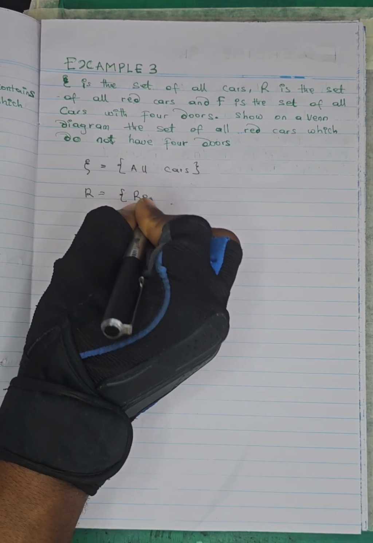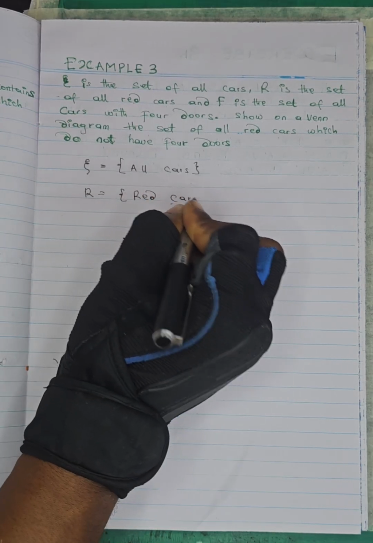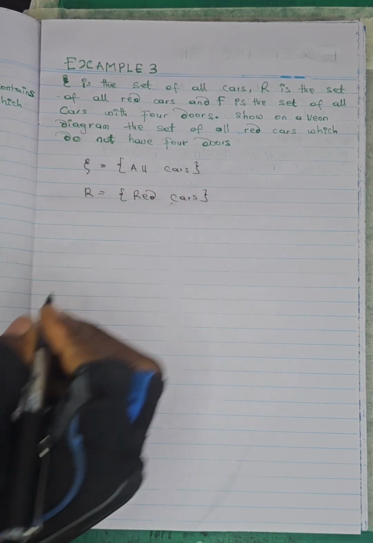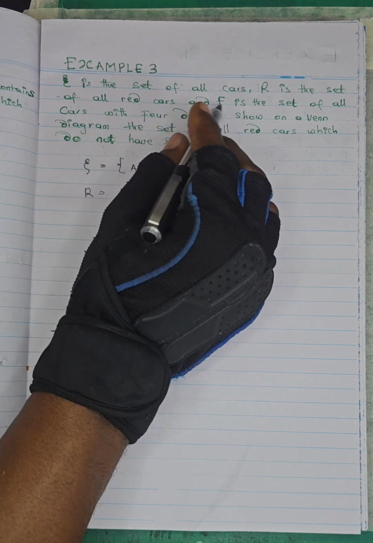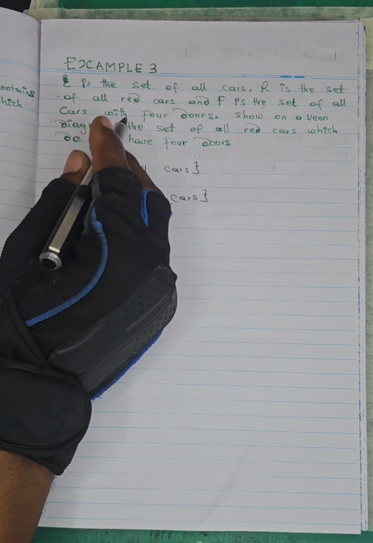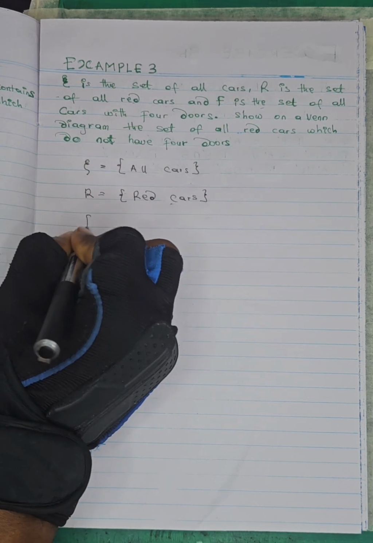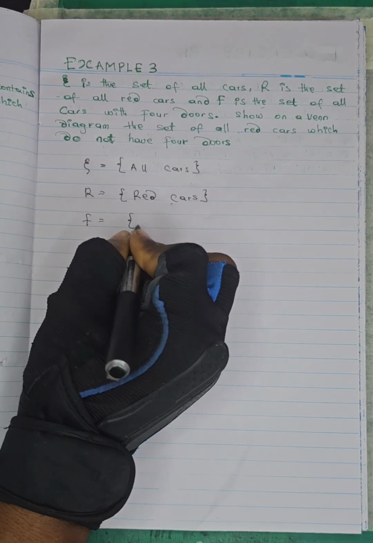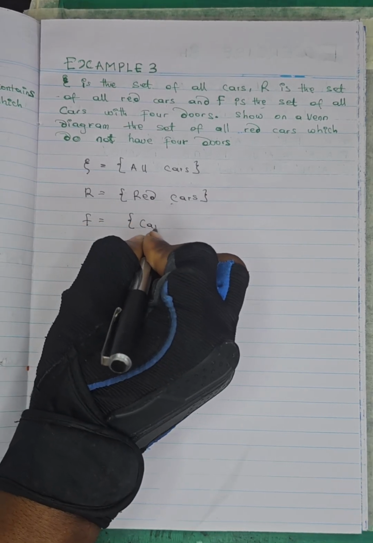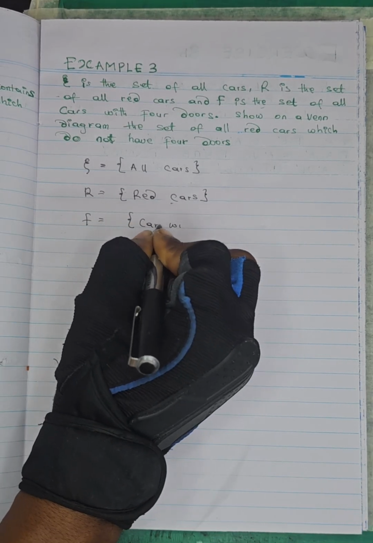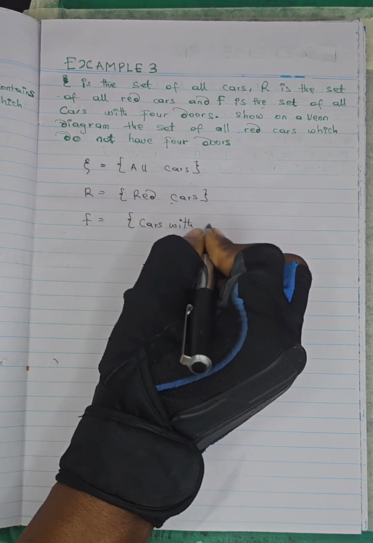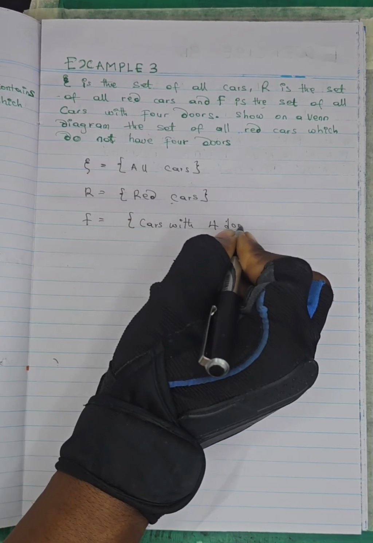Then we have F is the set of all cars with 4 doors. I will also write cars with 4 doors.